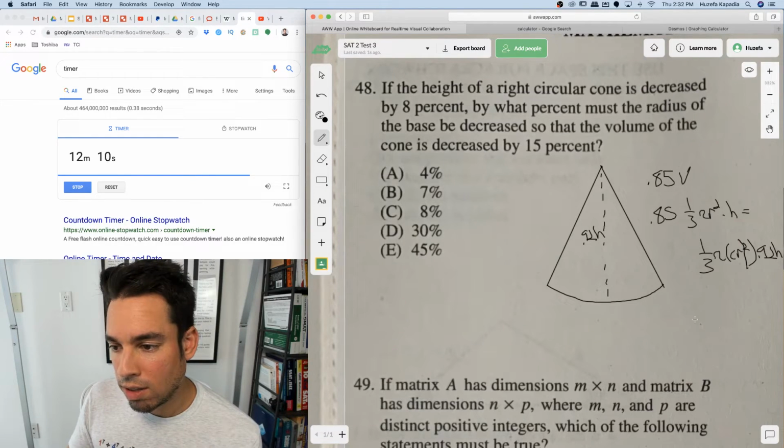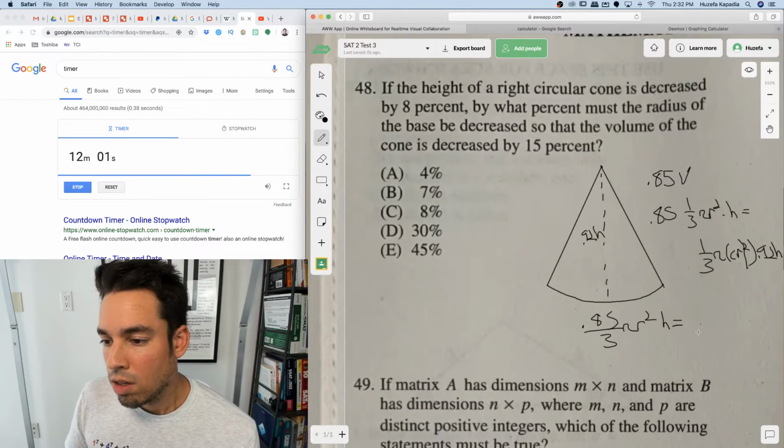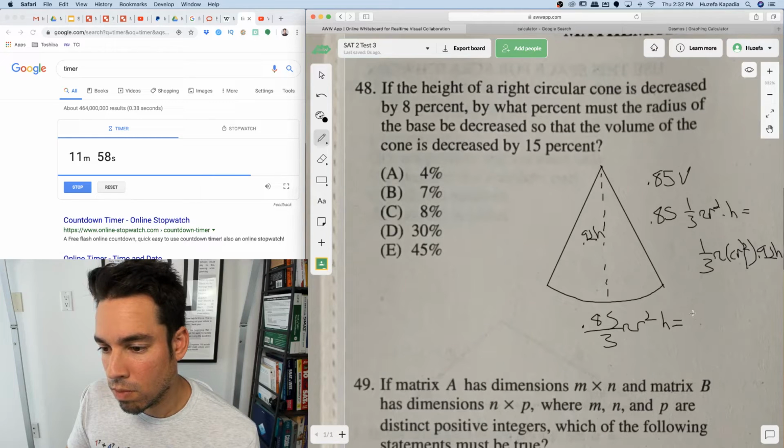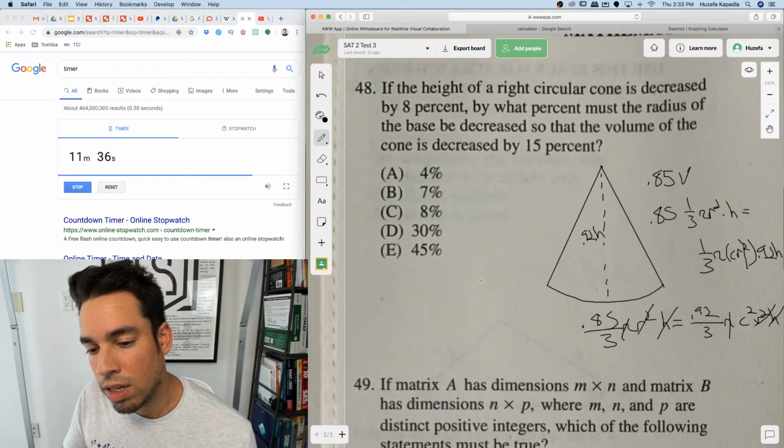So now I can solve, and I can put 0.85 over 3 pi r squared h equals 0.92 over 3 pi c squared r squared h. So I'm squaring that. And now we can cancel out the h's, the r squared, and the pi.